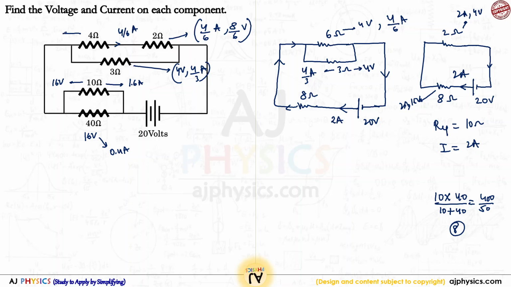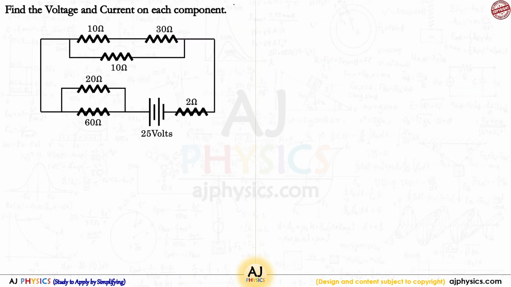And in this case, that would be 4 by 6 ampere, and multiplied by 4, that would be 16 by 6. Yeah, so it's done. It's done. The circuit is over. So I hope you got some basic idea to solve the circuits now. I think that's the last one here.